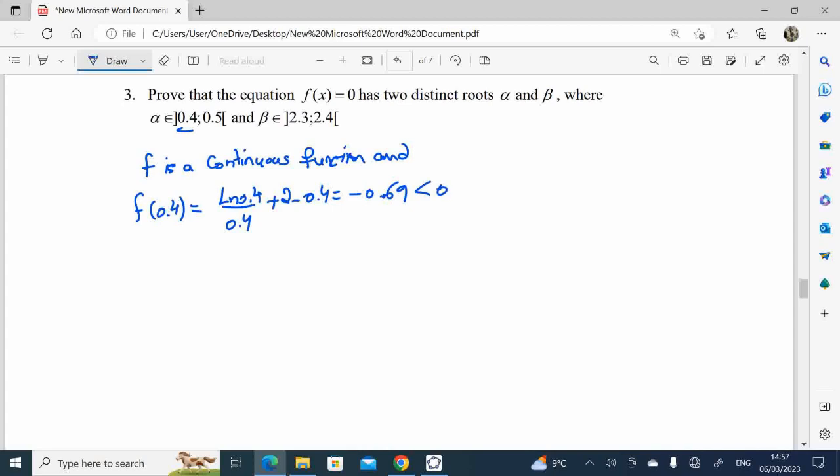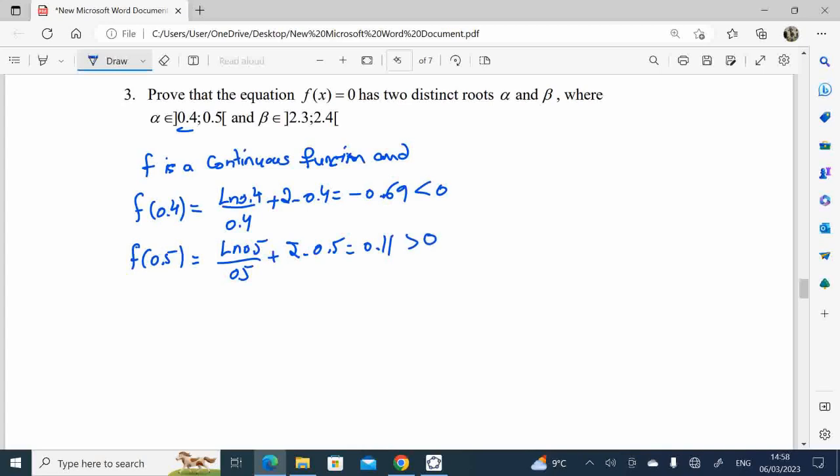which is negative. If I calculate f of 0.5 now, we're going to get ln 0.5 over 0.5 plus 2 minus 0.5. Let's see what we get. This is ln 0.5 divided by 0.5 plus 2 minus 0.5, which is 0.11, which is positive.